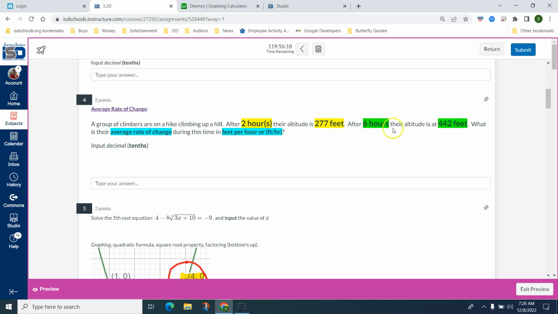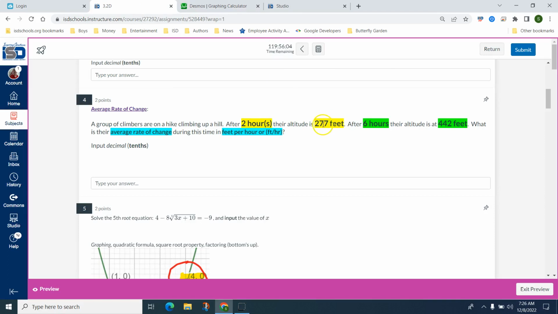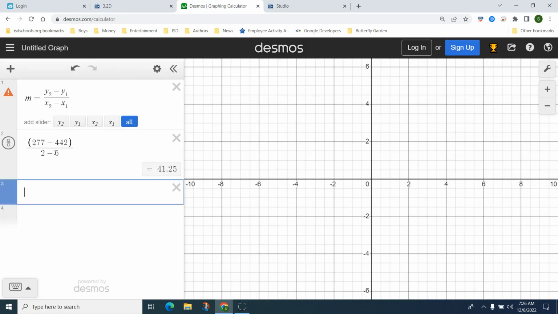So I could say 277 minus 442. All right. 277 minus 442. All right. Divided by, now 277 went first. Since 277 went first, 2 goes first. So 2 minus 6 on the bottom. 2 minus 6. And the answer is 41.25.